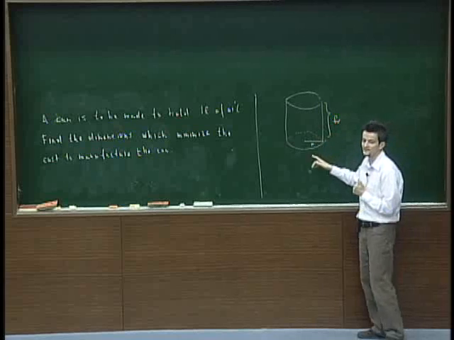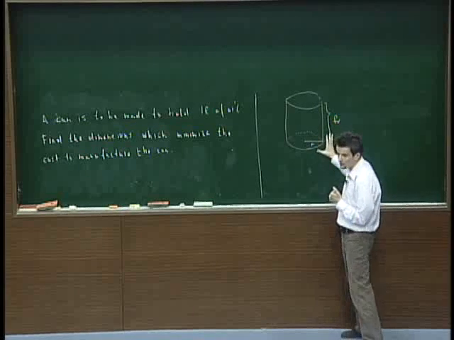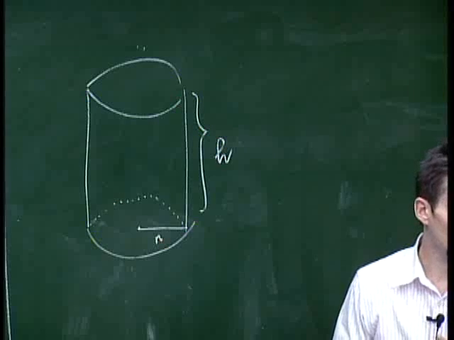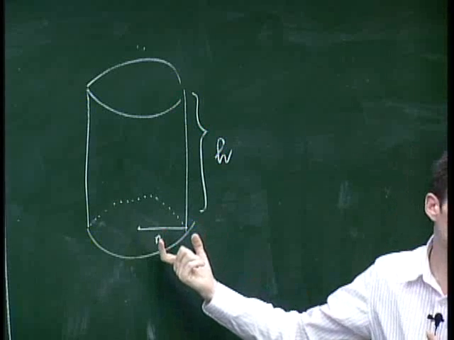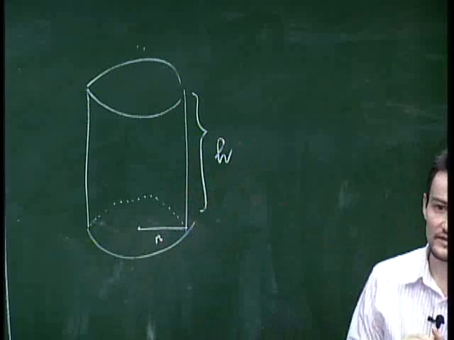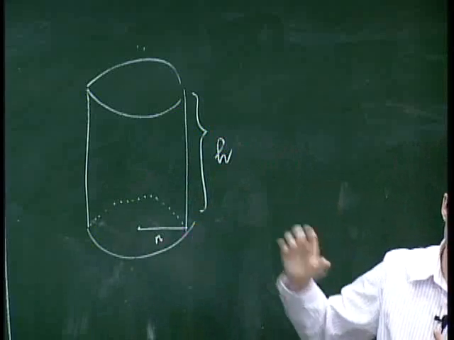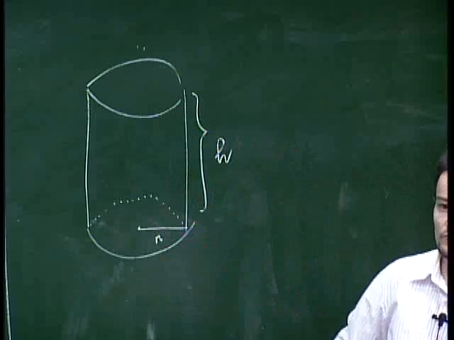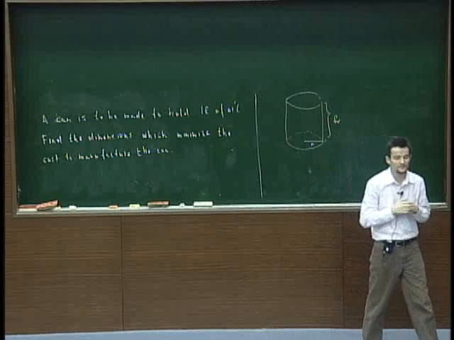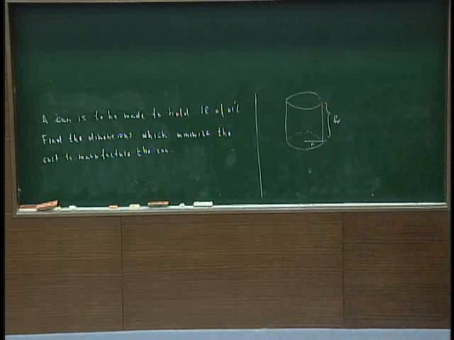From this already you see that there must exist an absolute minimum for some choice of r, because as r tends to 0, the surface area function will tend to infinity, and as r tends to infinity, it will tend to infinity as well. So there must be some absolute minimum in between.